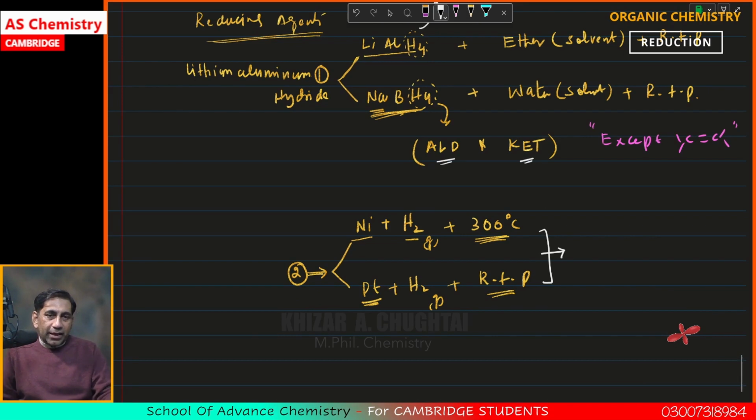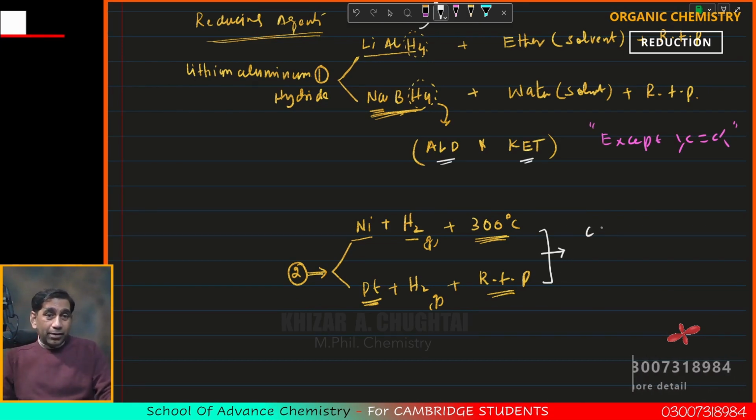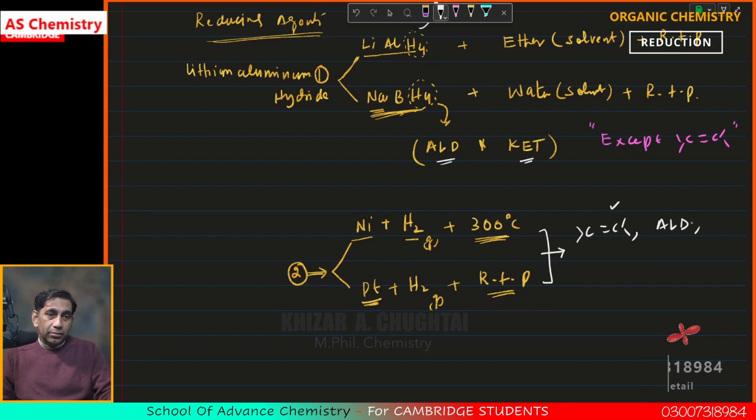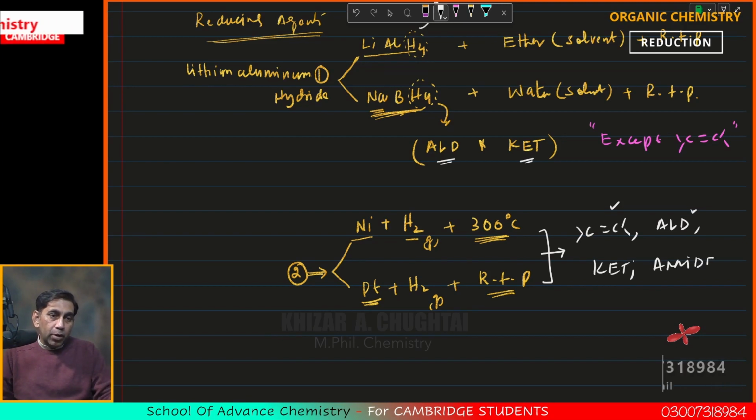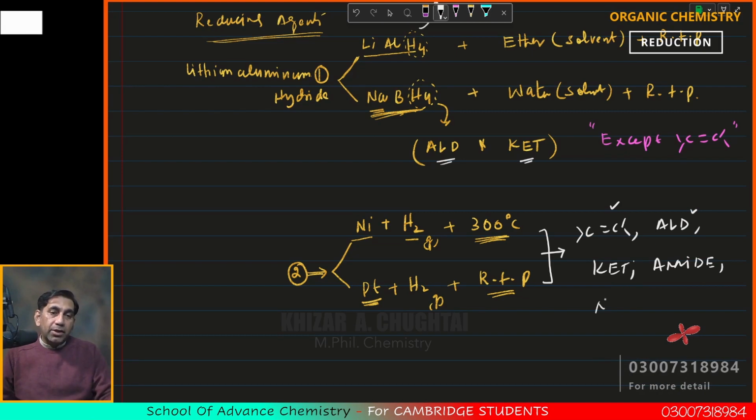The basic thing is, they can reduce carbon-carbon double bond. Yes, good. They can reduce aldehyde. Good. They can reduce ketone. Good. They can reduce amide. And they can reduce nitrile. Very good.